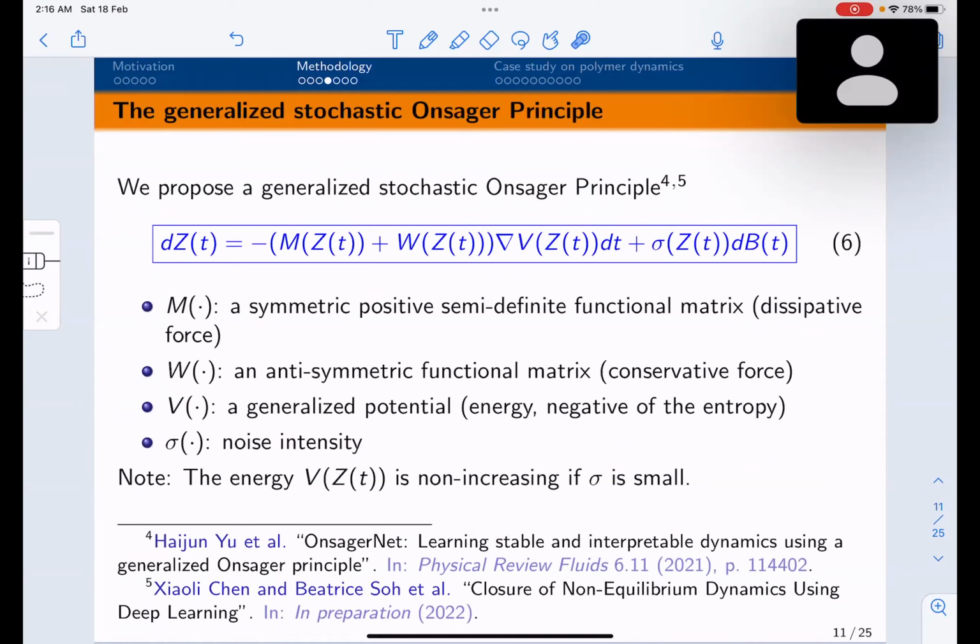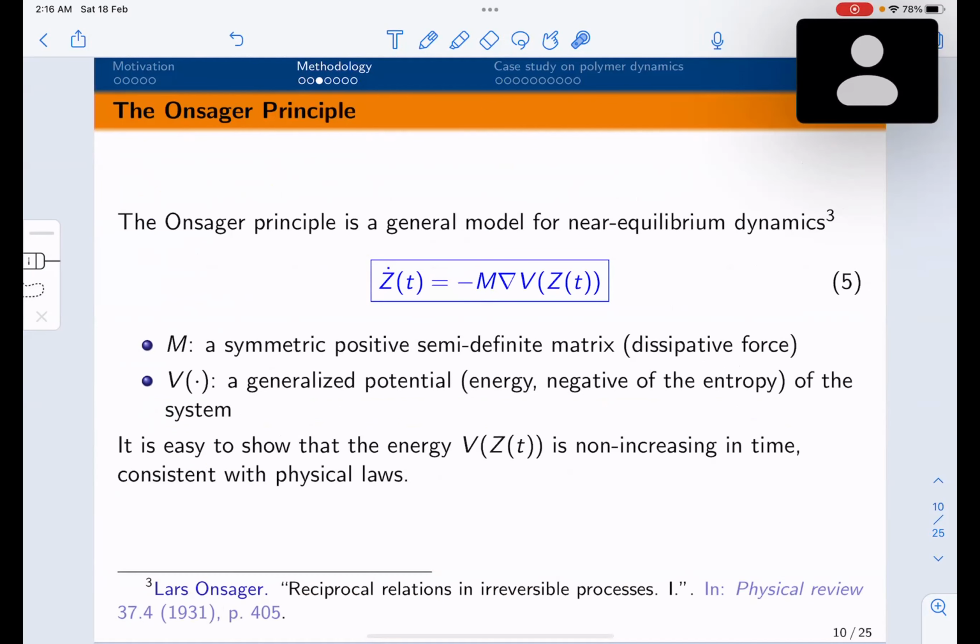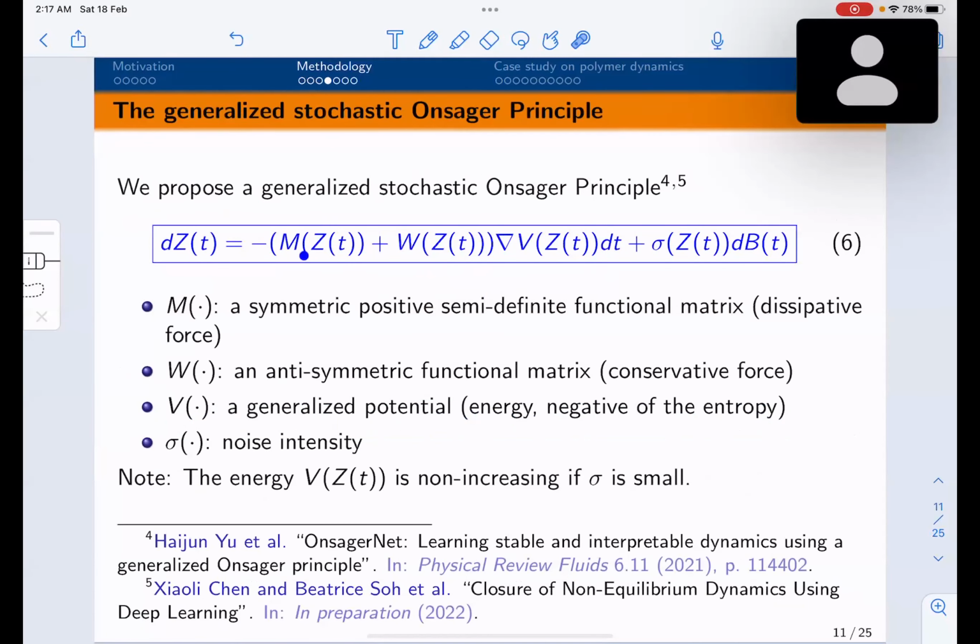We call it the generalized stochastic orthogonal principle. It means our drift term F is this one, and M is just a constant matrix. Here we use the equation, where M is still a symmetric function, W is an anti-symmetric function, V is still the potential, and we add the noise here.